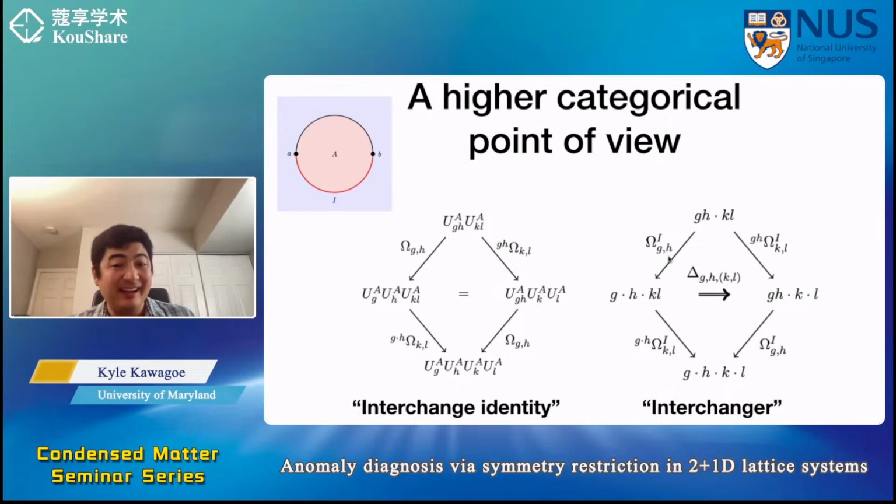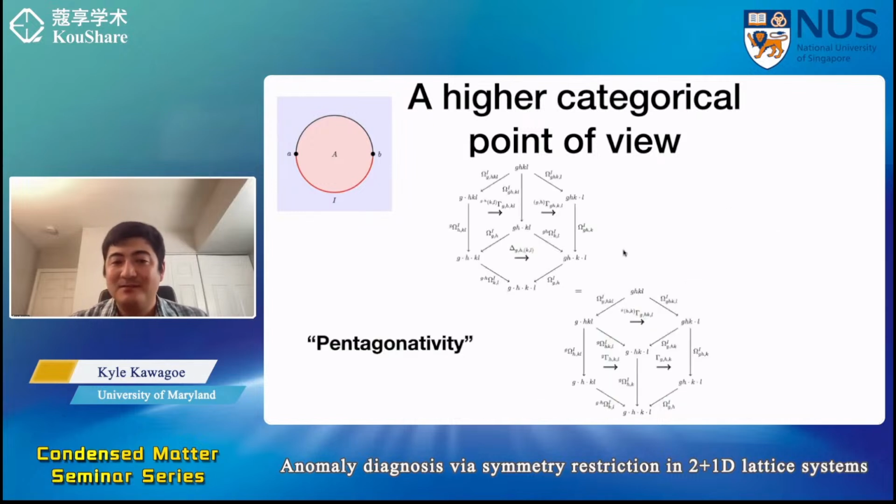But if you have a bicategory, like a weak 2 category, splitting GH and KL in two different orders, those are the same up to something called the interchanger. Okay, so that's what delta represents. That is, if you multiply this operator by this operator, it's equal to this one times this one up to delta.